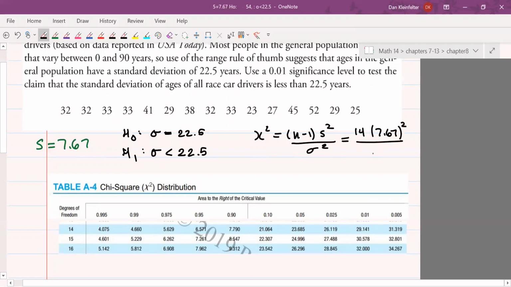And then our claimed standard deviation was 22.5. So that 7.67 seems really different. We'll see if it's meaningfully different, okay? All right, so I get 1.62. I'll say 1.63.